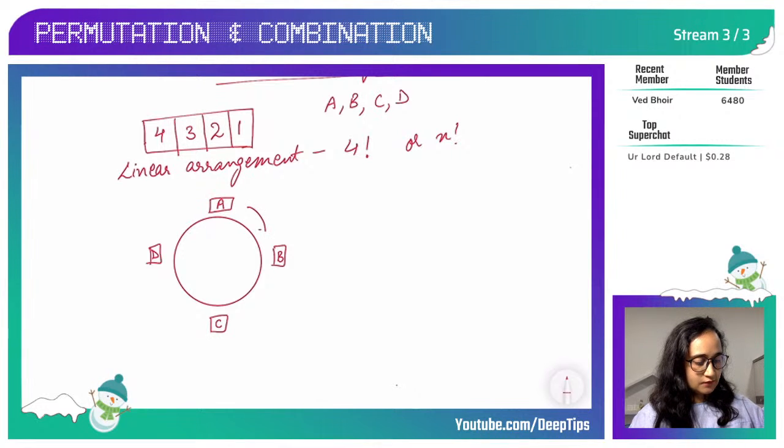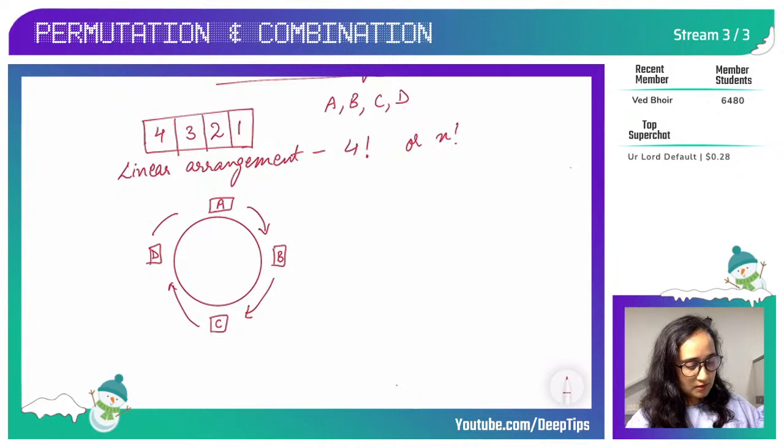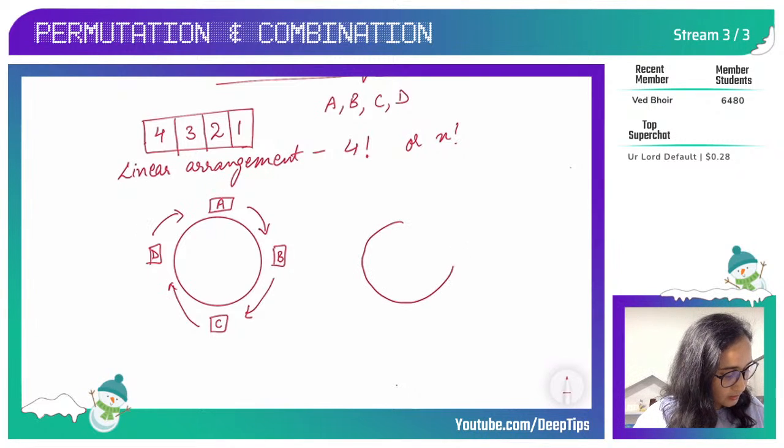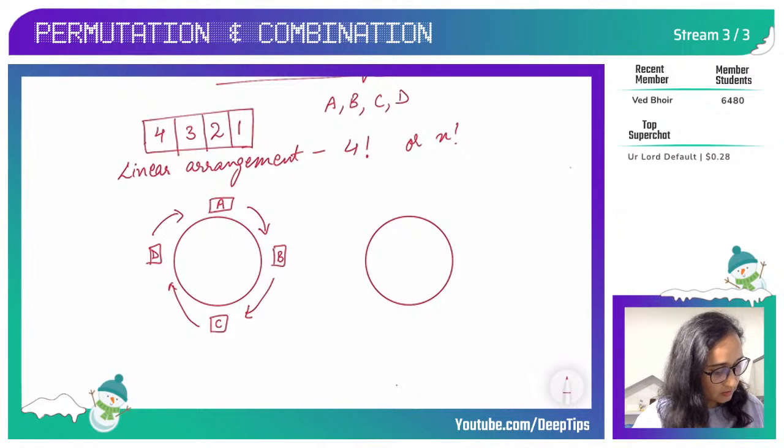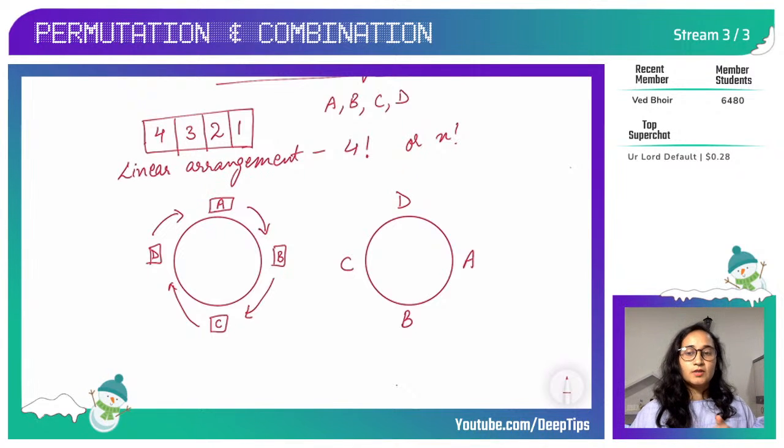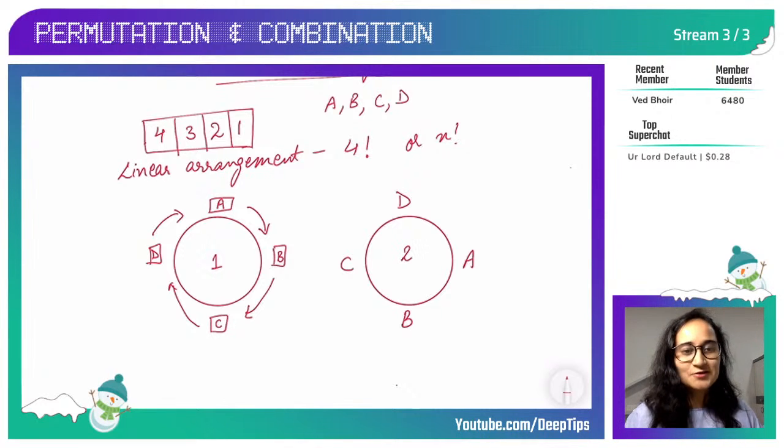Okay, A shifted here, so B moved here, and C here, and D here. So if I rearrange this scenario, it will look something like this: A here, B here, C here, and D here. But if I look at this arrangement from some other place or some other point, it is the same. In my first arrangement, B and D were sitting next to A. In my second arrangement, again B and D are sitting next to A.